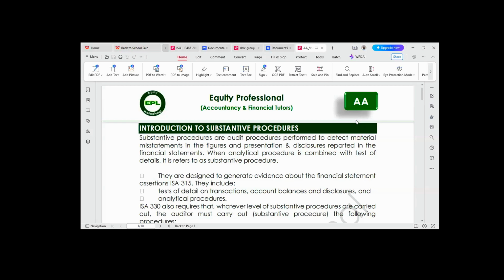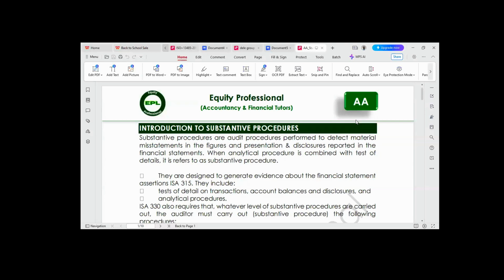We talked about sufficiency and appropriateness when we were looking at audit evidence in chapter 6. We talk about audit evidence being sufficient and appropriate. The only way to make the audit evidence sufficient and appropriate is to make it pass through what we call a substantive procedure.